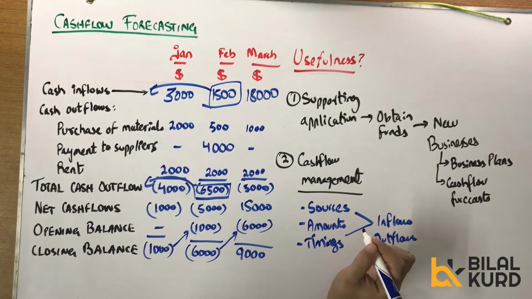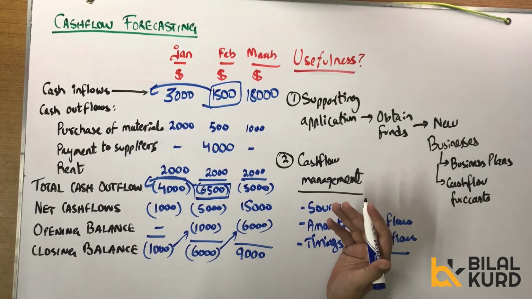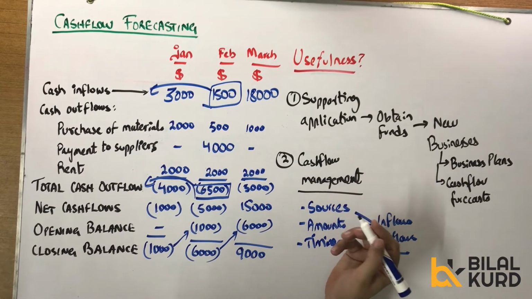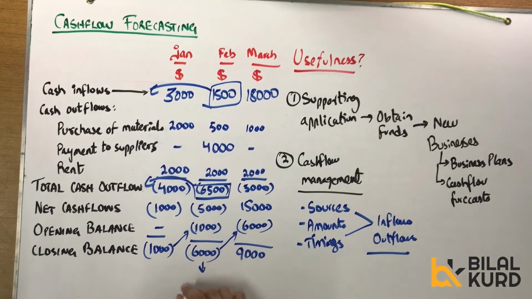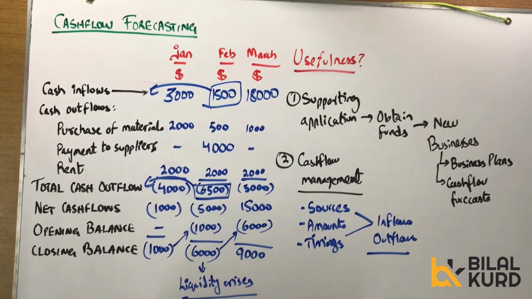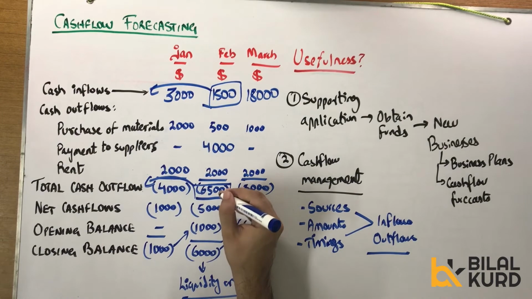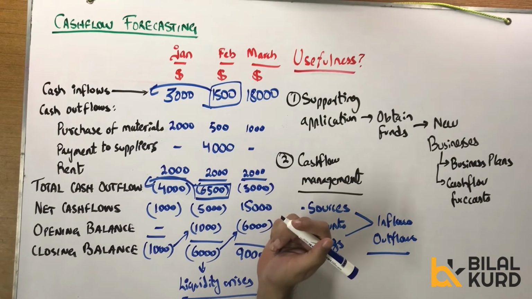So is there any possibility in which I can perhaps improve February's position overall? Because if I don't, it's pretty much obvious that in the month of Feb I might soon run into a liquidity crisis, because I have extremely high net cash outflows and do not have respective cash inflows as such.